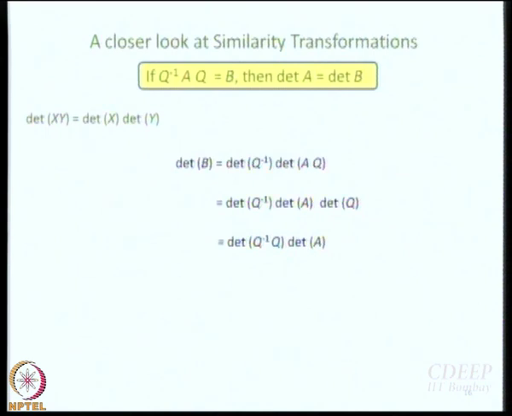So I can write det Q inverse det Q det A, and det Q inverse det Q, as we have seen earlier, det xy equal to det x det y. So this becomes det Q inverse Q. What is Q inverse Q? Unit matrix. So it becomes det E. And what is det E? 1. So this becomes det A.